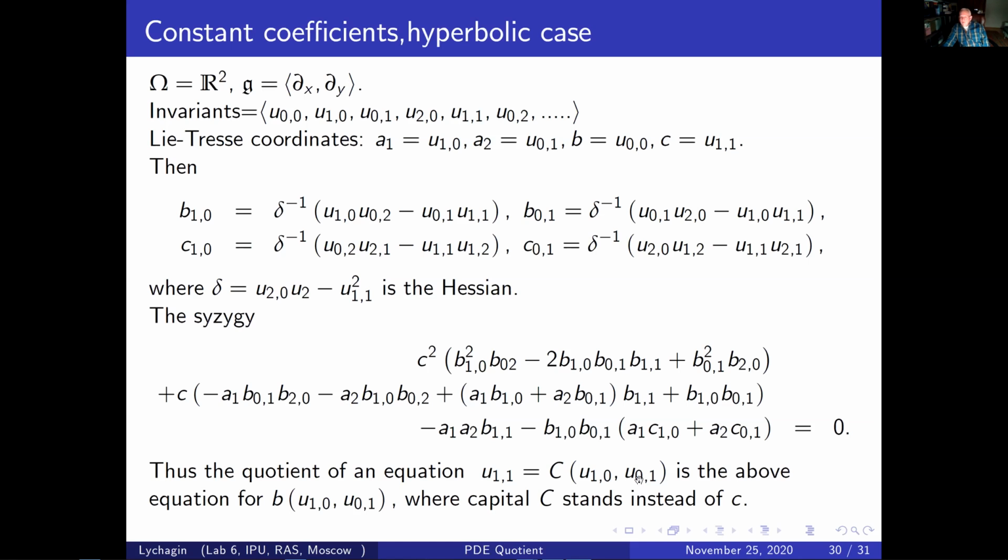The only problem will be whether it is integrable or not. So you should add this equation, write the Cartan distribution, and check whether it is completely integrable or not. As a rule, it will not be integrable. But if you take this relation between invariants that we get by solving this equation, then it will be integrable.